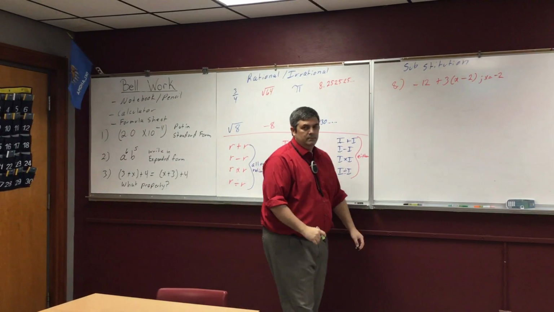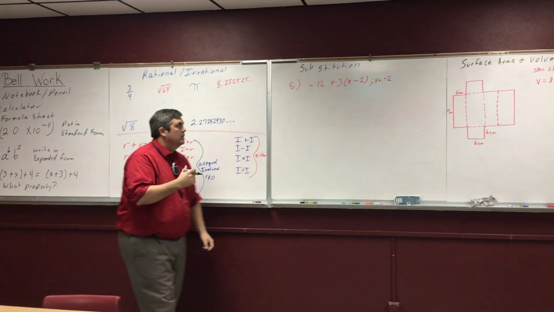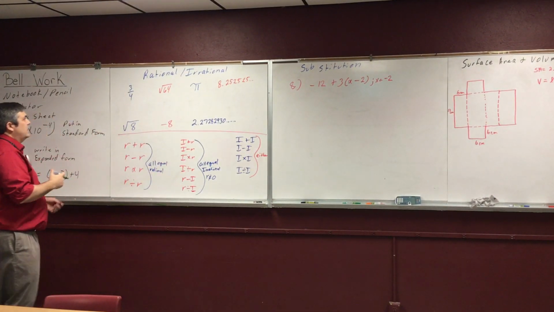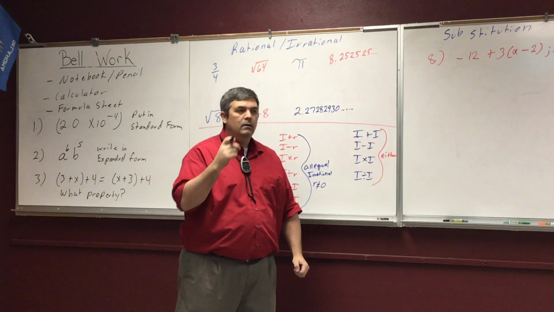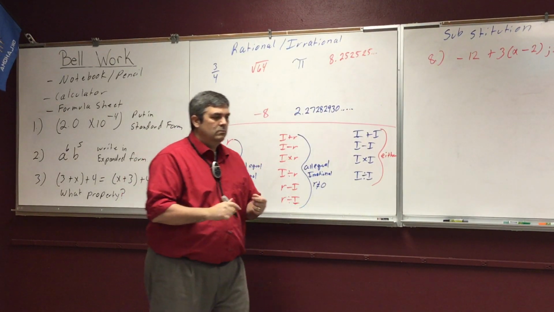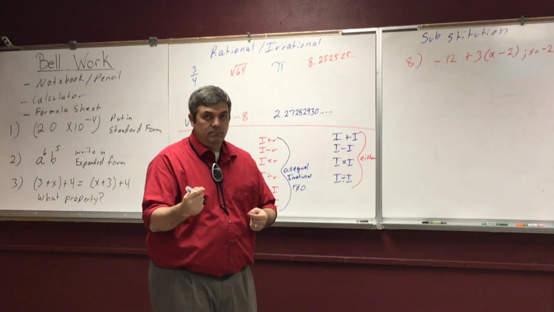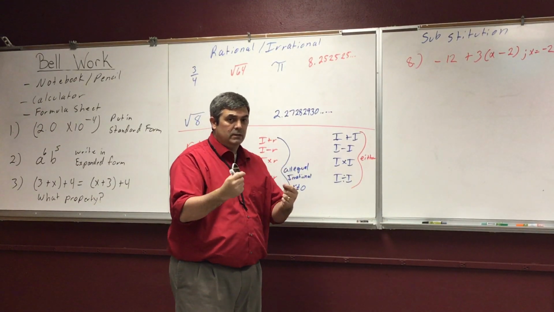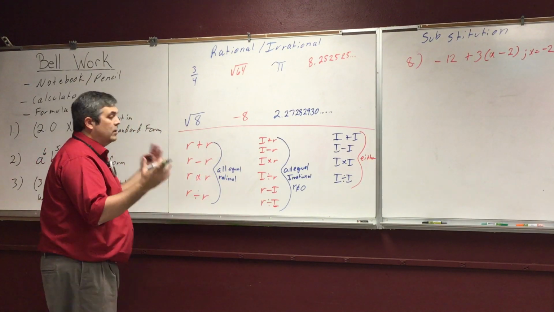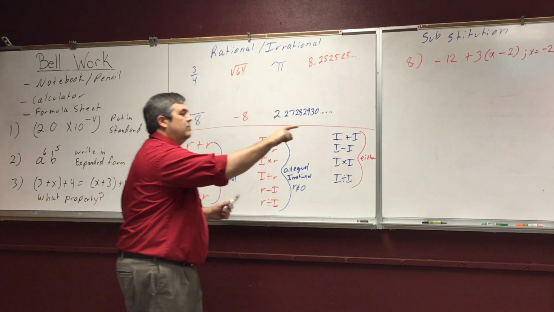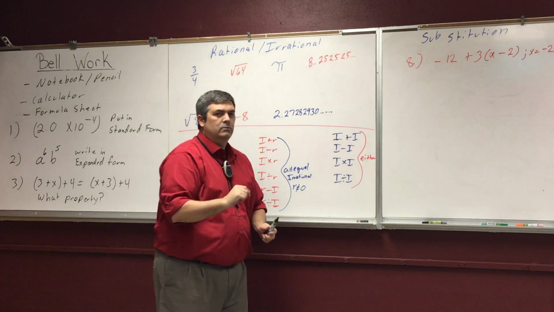Rational and irrational. What you need to be able to do is identify numbers that are rational and numbers that are irrational. Here I have a list of numbers, and you should be able to say, that's a rational number, that's an irrational number.